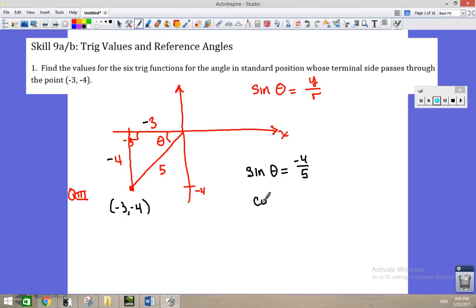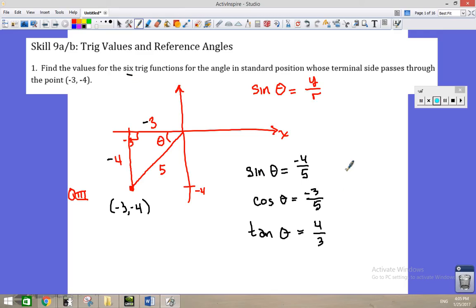For cosine of theta, the adjacent leg over the hypotenuse, -3 over 5. The tangent of theta, the opposite over the adjacent, -4 divided by -3, the negatives cancel, and I just have 4/3.